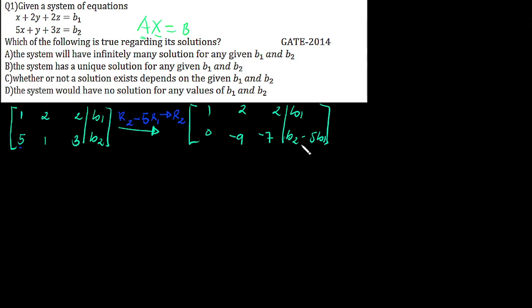Now look at the rank of this matrix. This is nothing but our coefficient matrix, and if we include this last column, then it is the augmented matrix. If we consider the whole matrix, it is an augmented matrix.